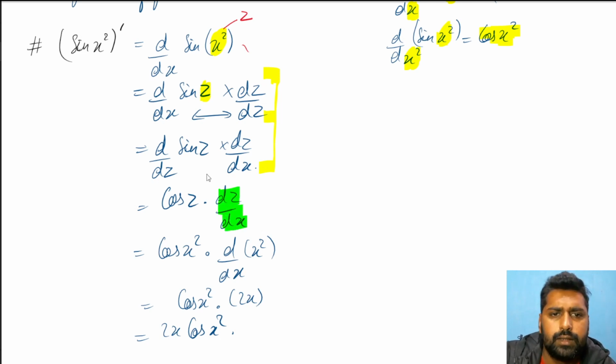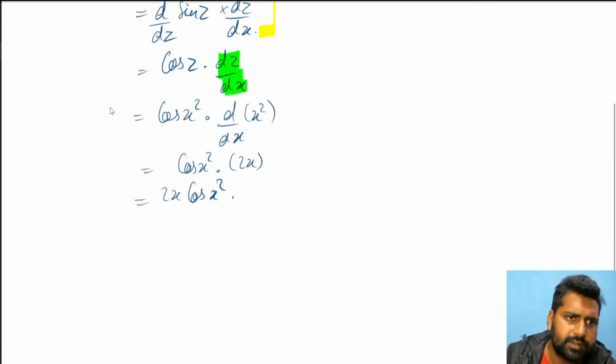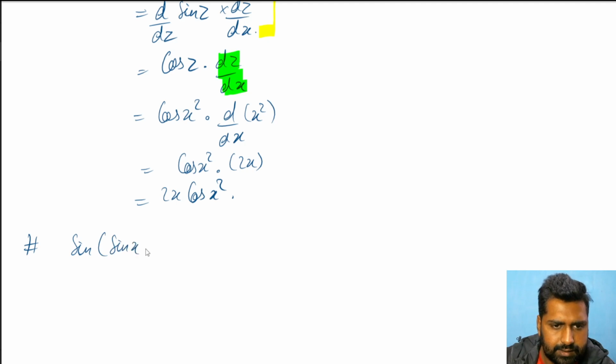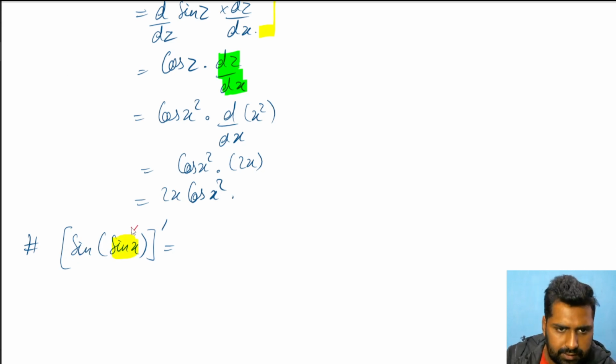Let me clarify this with one more example and the direct conclusion accordingly. Let's say we have to differentiate sin of sin x. So inside sin there is another sin x, and you have to differentiate this. Whatever is the first function, leave it. Whatever is present inside, consider that to be your z.